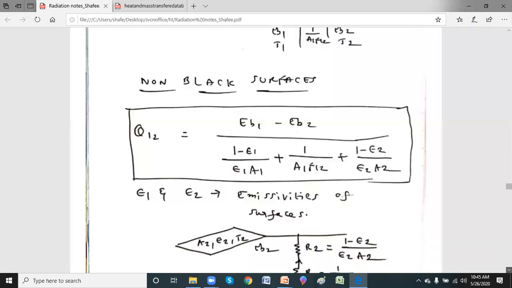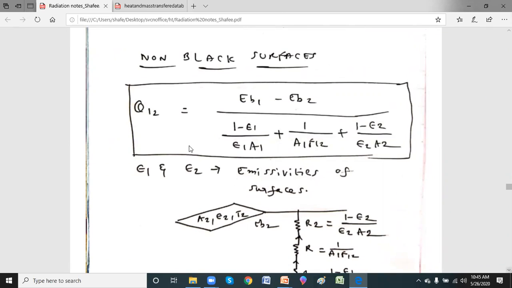Now this particular formula, what I explained last class, what is that? Q12 for non-black surfaces is (EB1 minus EB2) by [(1 minus epsilon 1) by (epsilon 1 A1) plus 1 by A1 F12 plus (1 minus epsilon 2) by (epsilon 2 A2)]. So hope you remember this one. Previously, when a black body is there, you don't find epsilon 1, epsilon 2 because there are no emissivities. So here it will be EB1 minus EB2 by 1 by A1 F12.